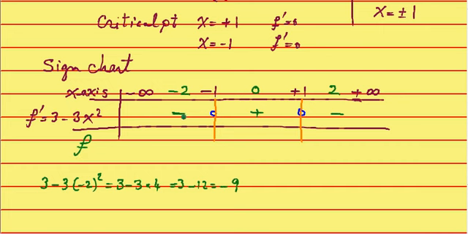If the derivative is negative, you remember what that implies? It implies the function f is decreasing. A positive derivative means it is increasing. Negative again means it's decreasing.